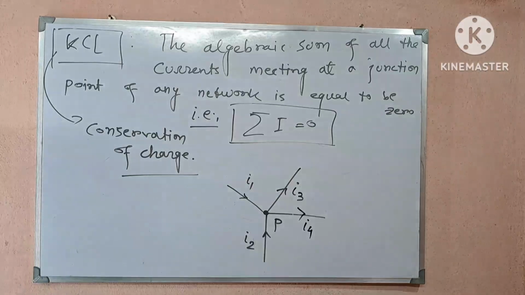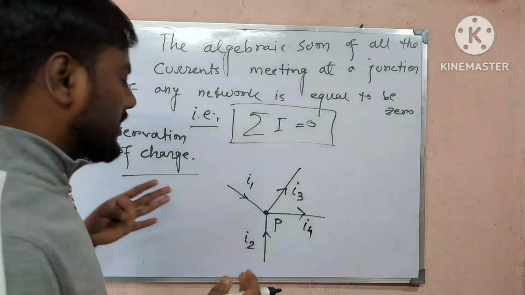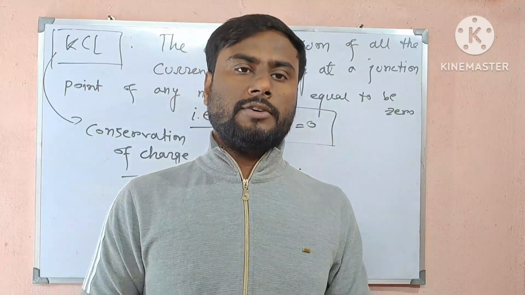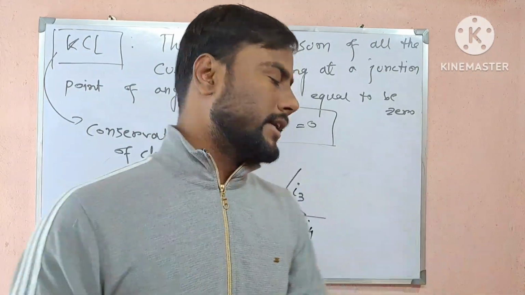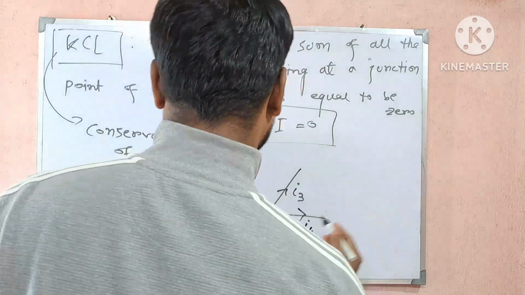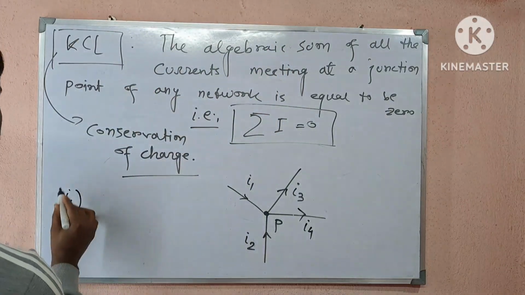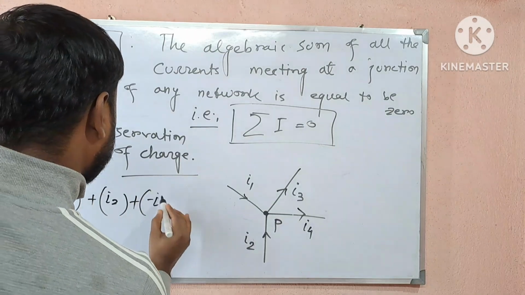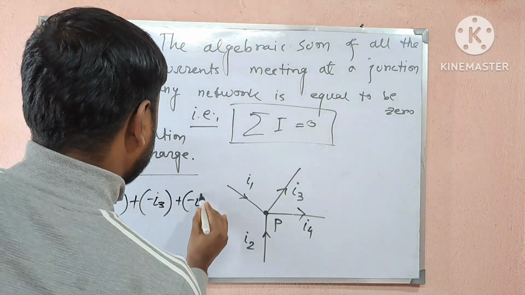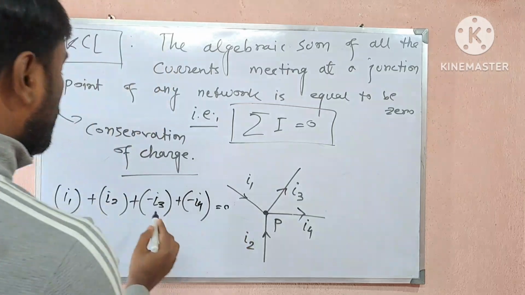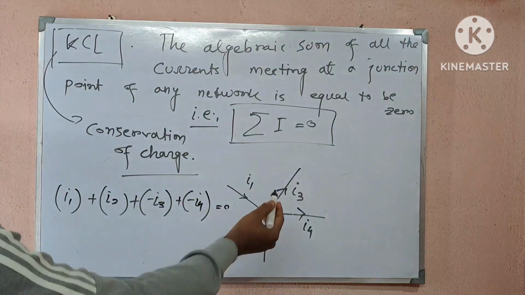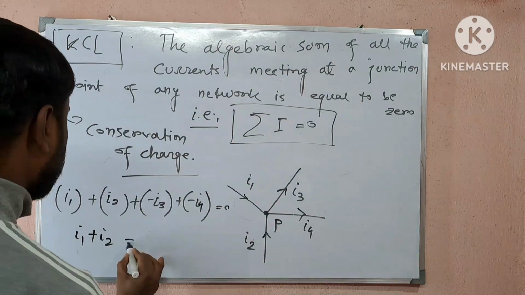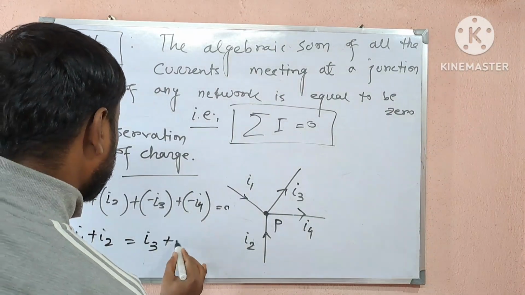According to the notation, all the currents entering the point P are taken as positive, and all the currents leaving the point are taken as negative. So according to convention, I1 plus I2 plus of minus I3 plus of minus I4 is equal to 0. Why are I3 and I4 negative? Just because they are leaving from the point P. So I1 plus I2 is equal to I3 plus I4.